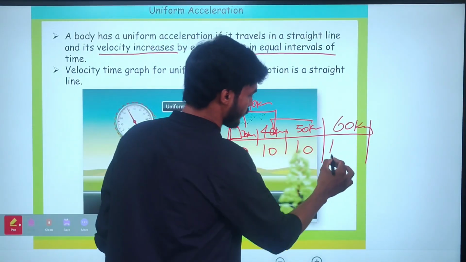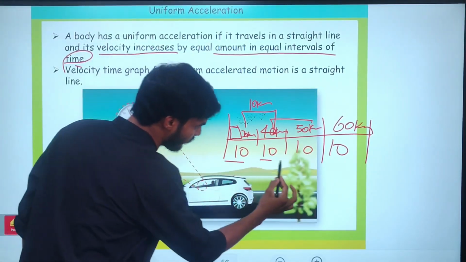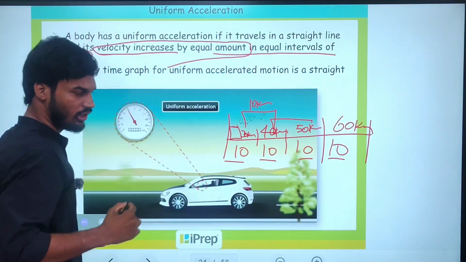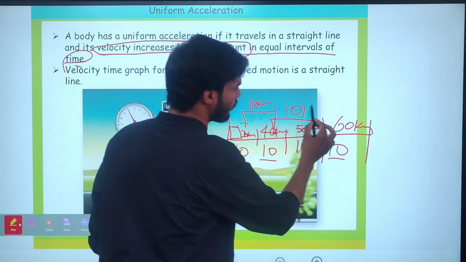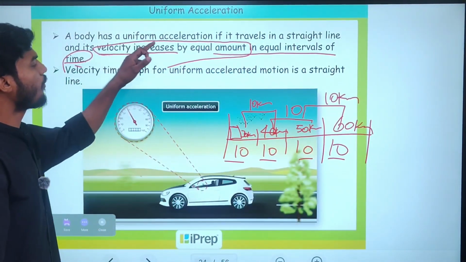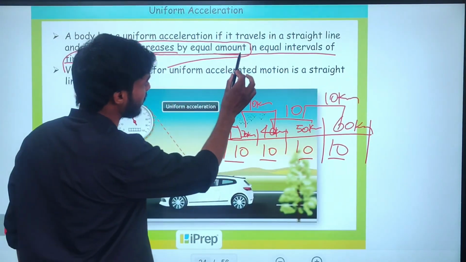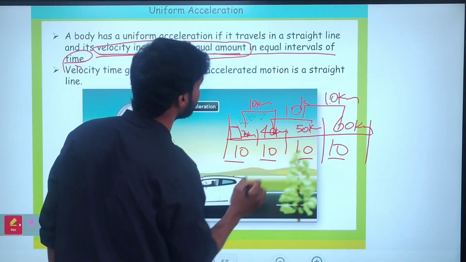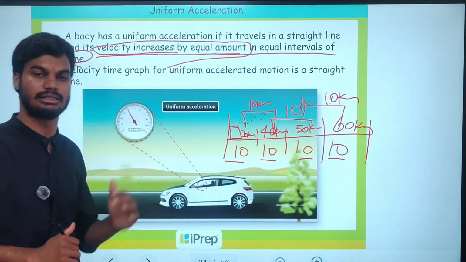Look here, with respect to equal intervals of time, velocity increases by an equal amount: from here 10 kilometers, from here 10 kilometers, from here 10 kilometers. Simply, uniform acceleration: it travels in a straight line and velocity increases by an equal amount, that is 10, 10, 10 in equal intervals of time. That is known as uniform acceleration.